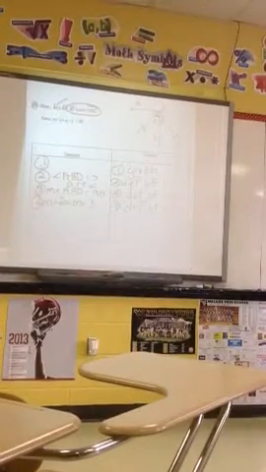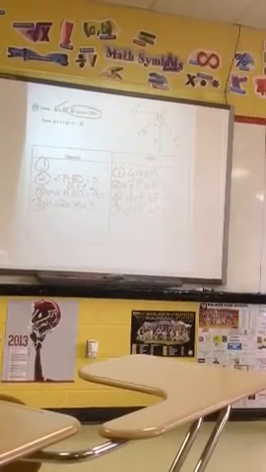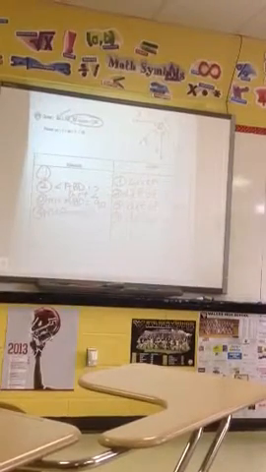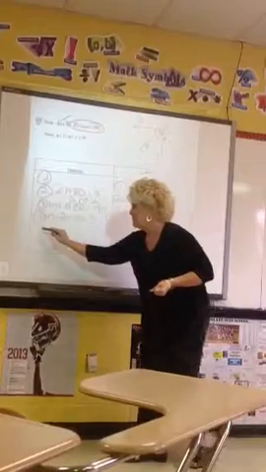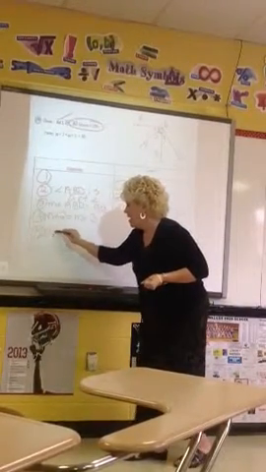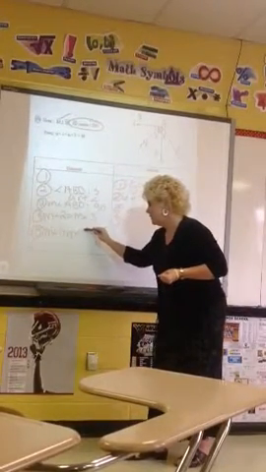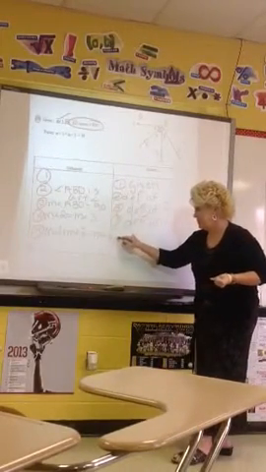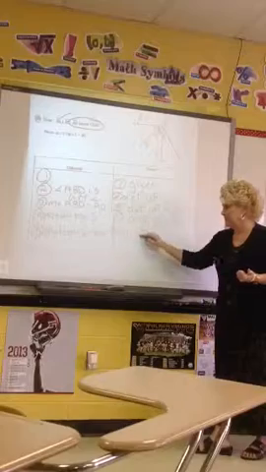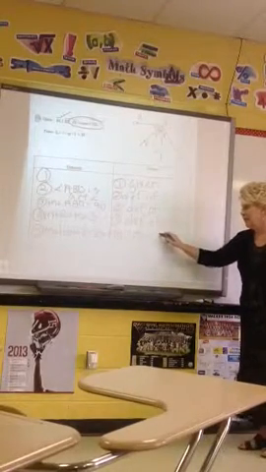Well, we know that ABD is 90, and what is ABD made up of? Angle 1 and 2. Okay, so we next should say that 1 and 2 is what? ABD.